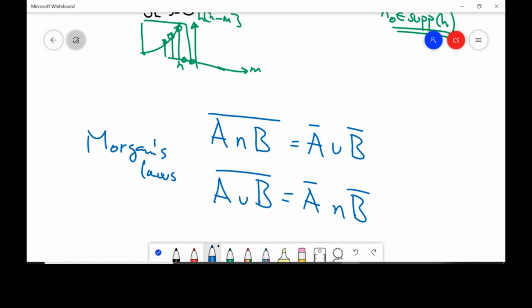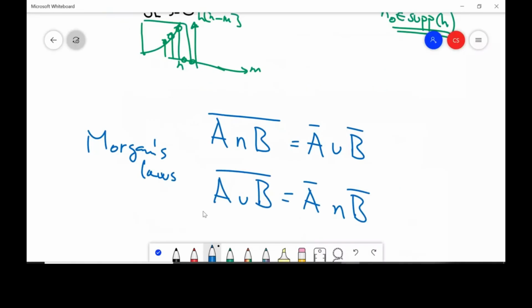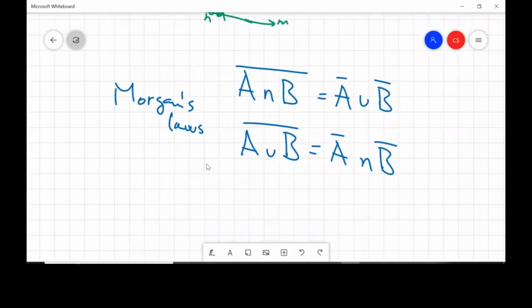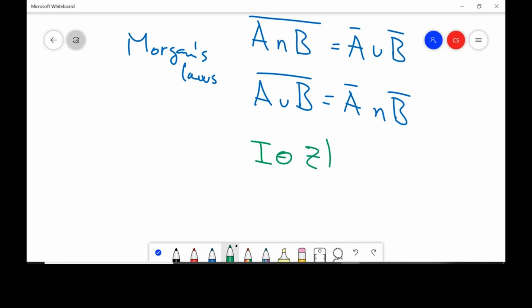So now let's look at what we have here. For instance, we have I minus C. So we have I eroded by C, and then the complement. So the complement, let me write it in this way.